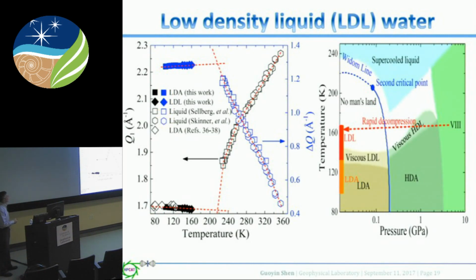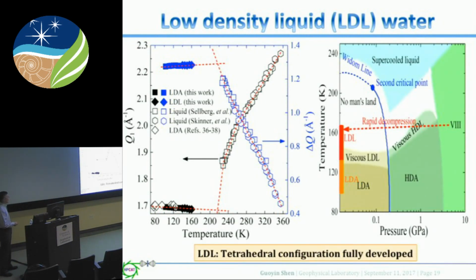But what we show here is clear: for the liquid phase that we observe, the tetrahedral configuration has been fully developed. It's not in that region anymore. It's a fully developed tetrahedral region. That's why we call the metastable liquid for H₂O that we observe a low density liquid with tetrahedral configuration fully developed.